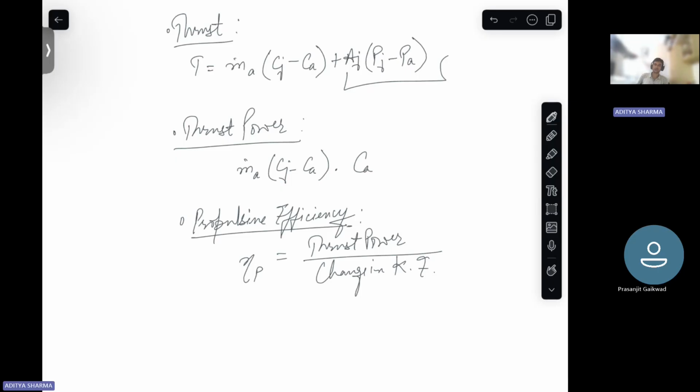So the energy that has changed in your working fluid by virtue of your combustion, from that, what energy will come out as your thrust. Okay, that basically is your propulsive efficiency.